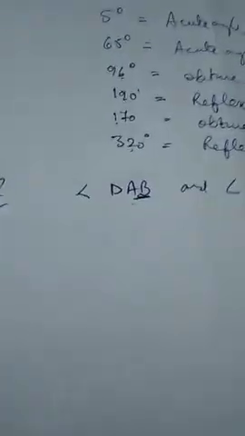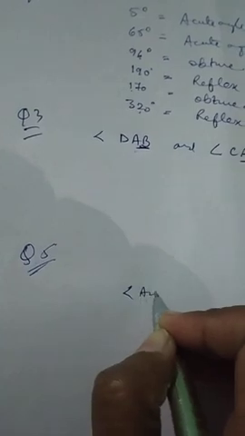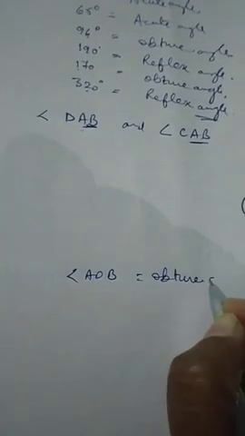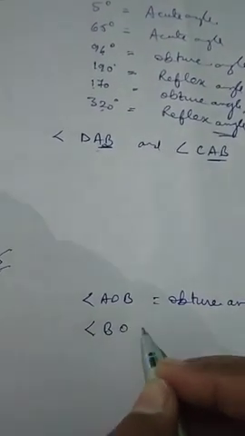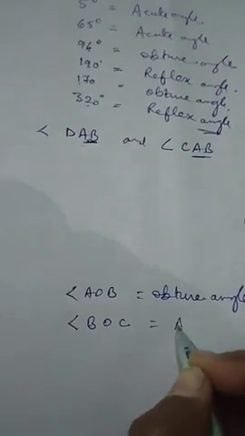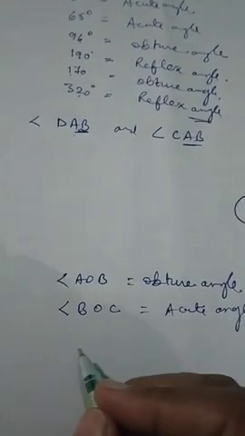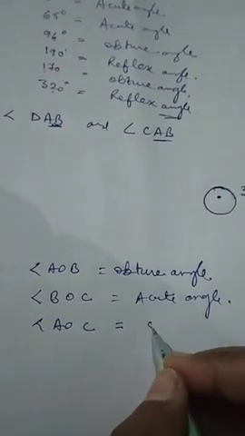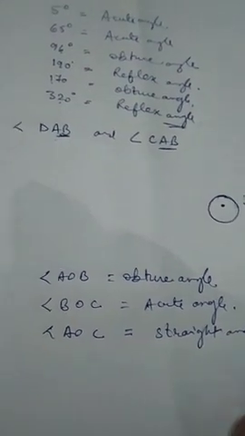Okay, so you will write it like this. Question number 5. Angle AOB is obtuse angle. Okay. Then angle BOC is acute angle. And angle AOC is equal to straight angle because it is 180 degree.